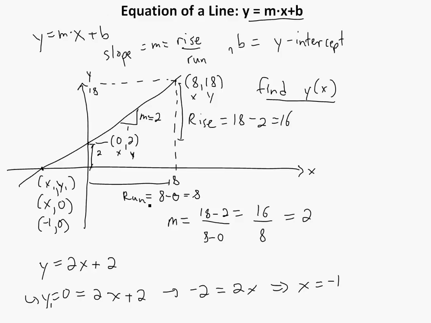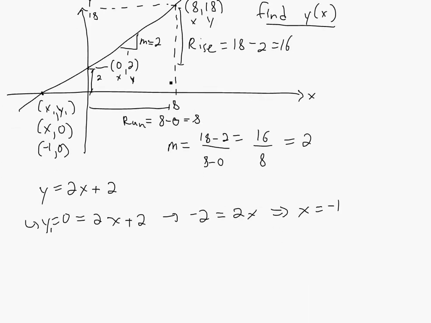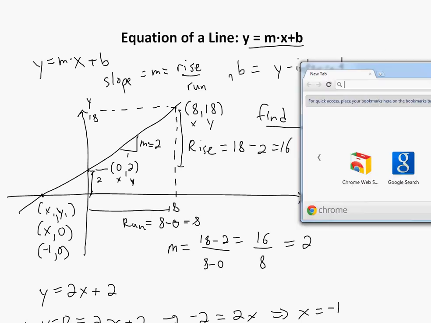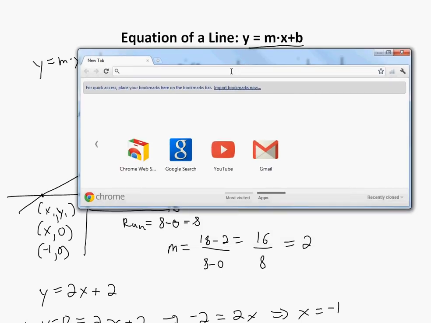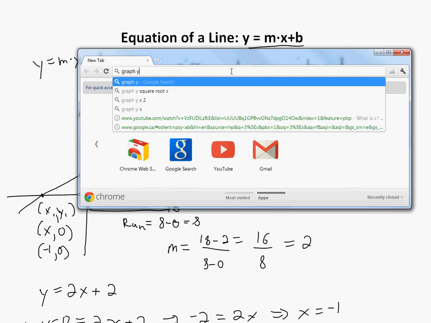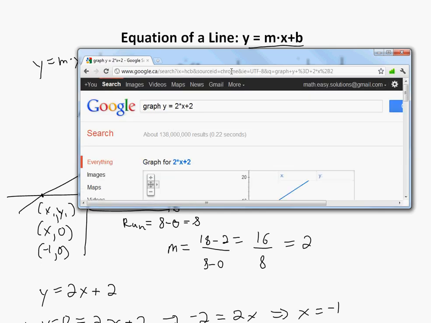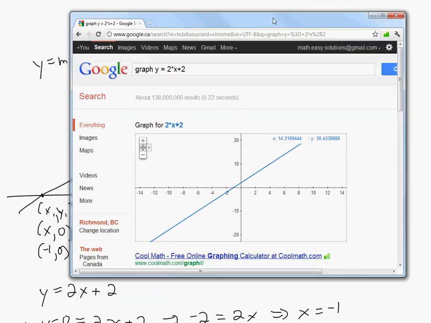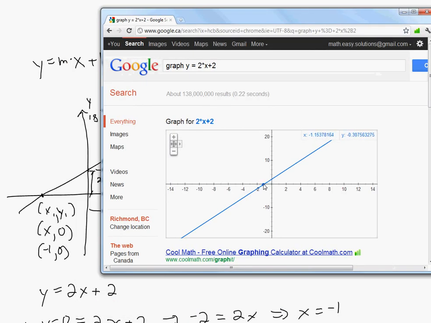So this is just a simple explanation of what the equation of a line is. Now let's graph it: y equals 2 times x plus 2. As you can see, here's the Google graphing calculator, and this is basically what we had, negative 1.